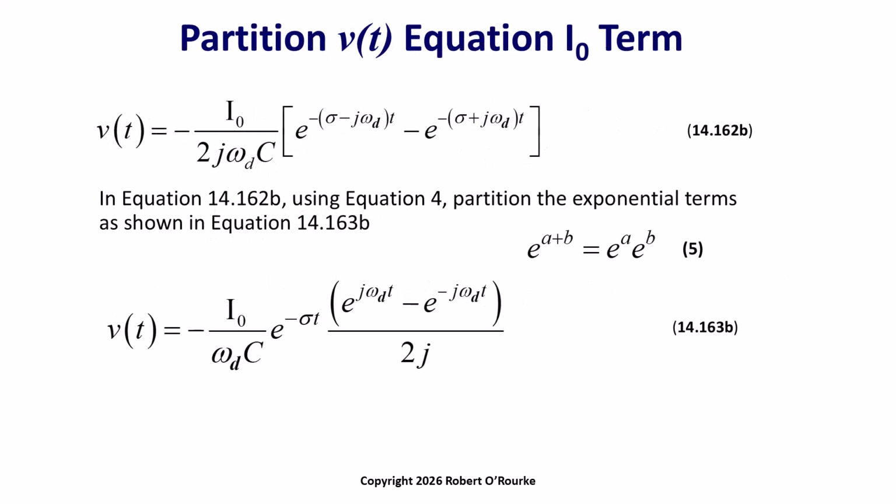Next, we partition the exponential terms in equation 14.162b to factor out e to the minus sigma t, which is the decaying exponential part, resulting in equation 14.163b. The exponential equation 5 is utilized in this step, and it applies to complex numbers.